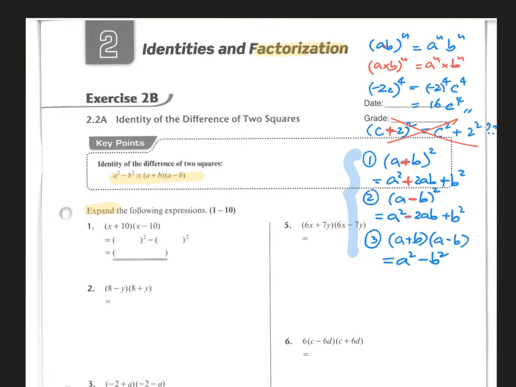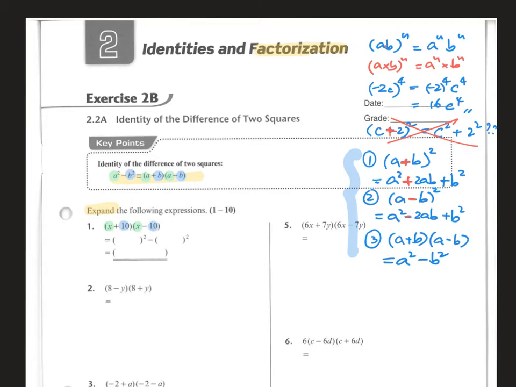Now in this video, we will be focusing on how we are going to use them. So let's start from example 1 first. The formula is telling you that if it's (a plus b)(a minus b), you have a squared, and then plus b minus b, so you have minus b squared. So you should see what is a and what is b accordingly.